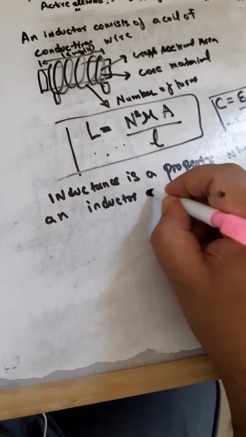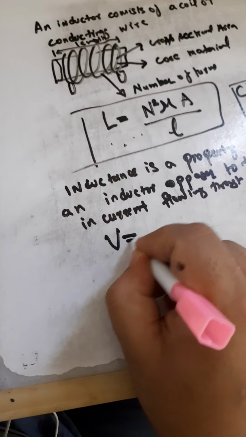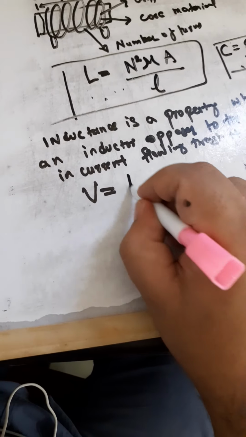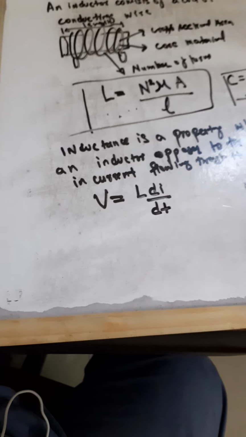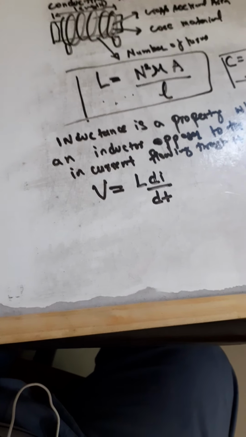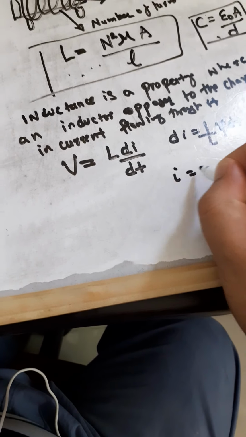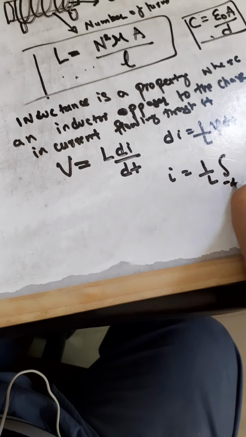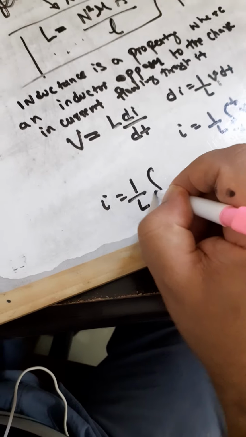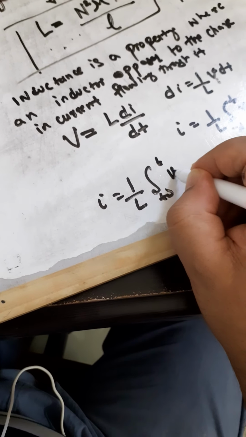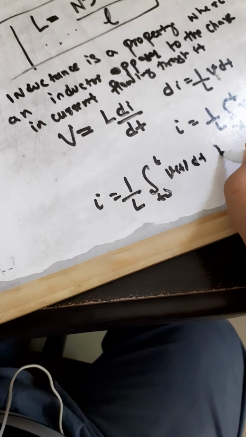Obviously in 12th physics also you are very much familiar with this expression: V is equal to L di by dt. In other terms you can write di is equal to 1 by L v dt, or you can write i is equal to 1 by L integral from minus infinity to t of v(t) dt, and one more form is i is equal to 1 by L integral from t naught to t of v(t) dt plus i(t naught).